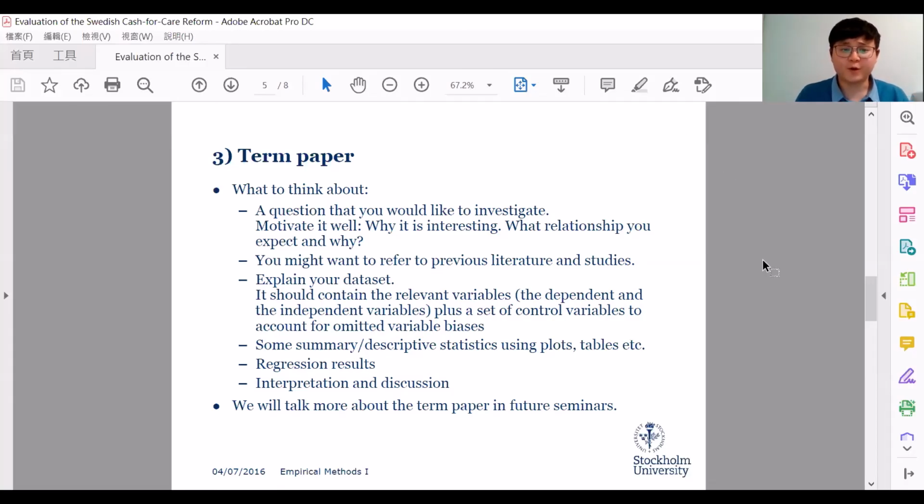So for the term paper, below are things that you can start to think about. First is a question that you would like to investigate. You should motivate it well. For example, why is it interesting? And also what relationship do you expect and why. For example, I can take the things that we did a few minutes ago.